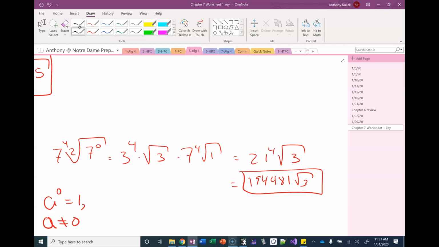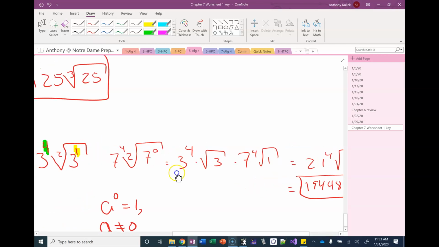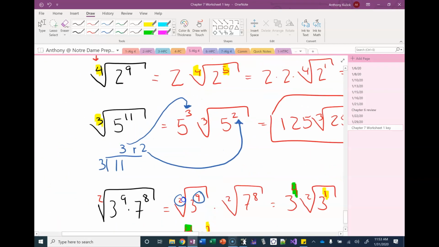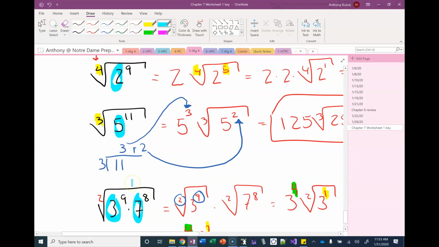Let's do another. Is this starting to feel okay? So before we do the next one, if you're okay with the first one, does this number really matter with what we're doing?